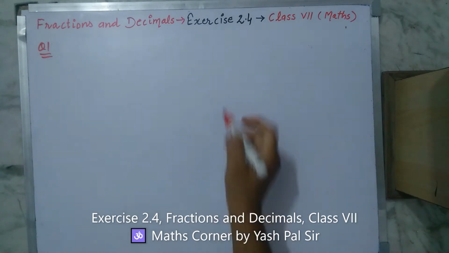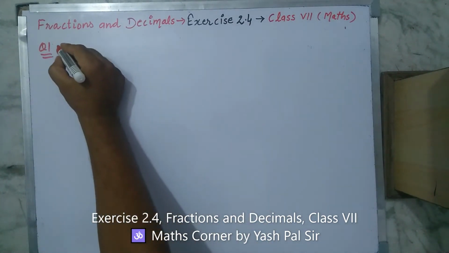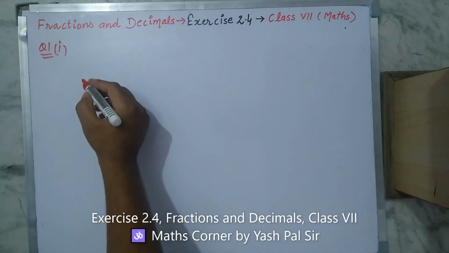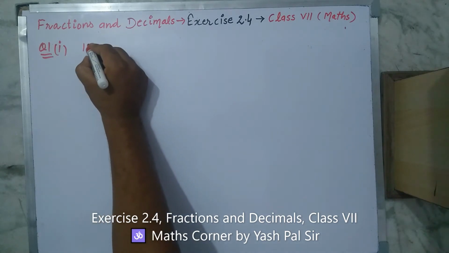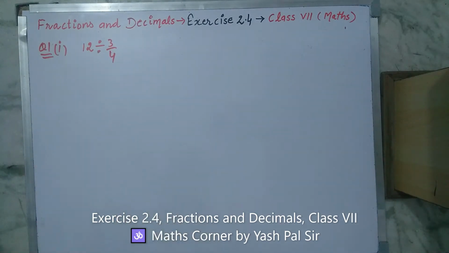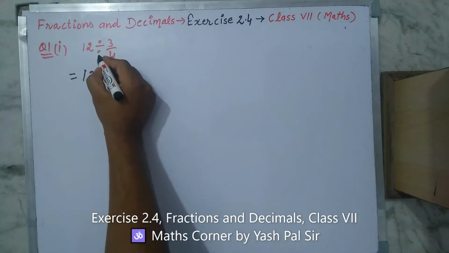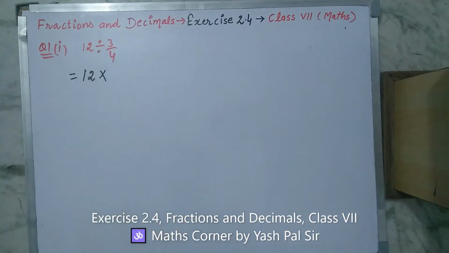Now coming to exercise 2.4, the very first question, part number 1 is 12 divide 3 by 4. How to find the answer? First of all, this is equal to 12. Convert divide sign into multiplication.